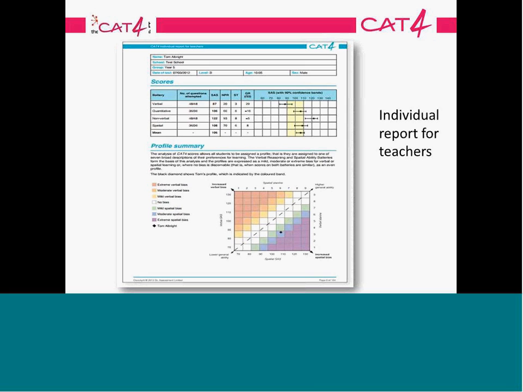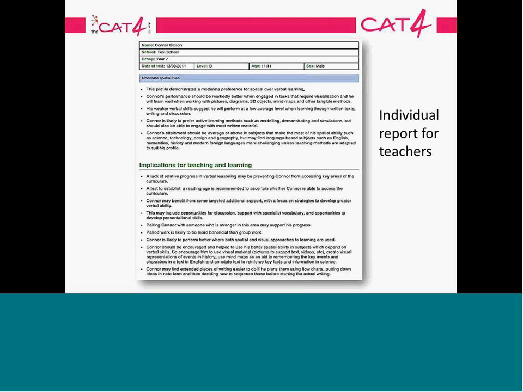As with the group report, for each individual we're able to produce a page of narrative. This page of narrative tells us what it might mean to have a bias of any sort, but here that's much extended, and the part on implications for teaching and learning is much larger.